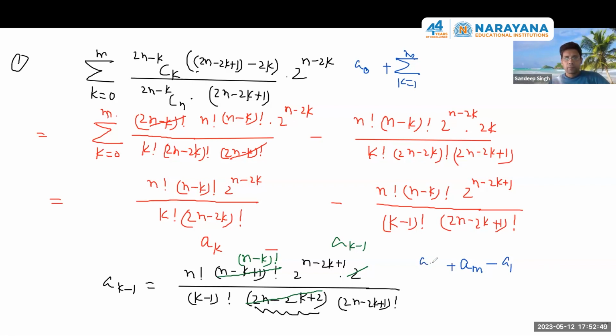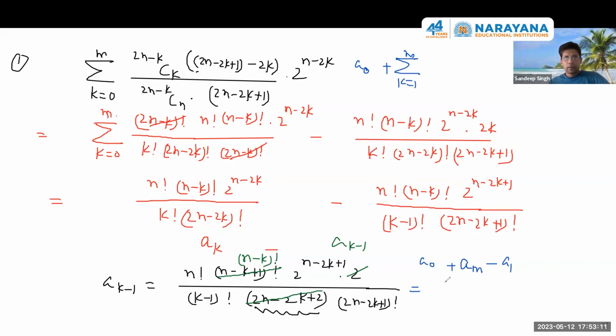This is your answer. So let us first write the answer. What is a naught? This whole term we have generated in terms of k. So what is a naught? Put k equal to 0. What is this value equal to? Tell me first. A naught. So this will be 2n C0, that is 1.